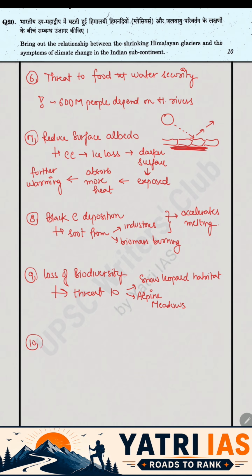Then you would also mention increase in forest fire, which is very much visible in states like Himachal Pradesh and Uttarakhand. Because with melting and reduced snowfall and less snow, you see longer dry seasons. And we see instances of forest fires as well.